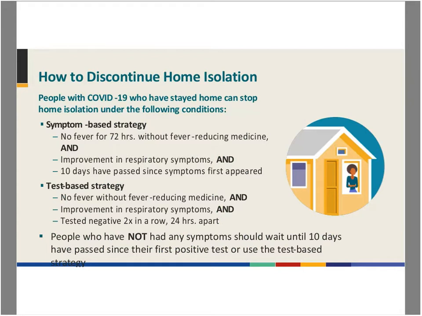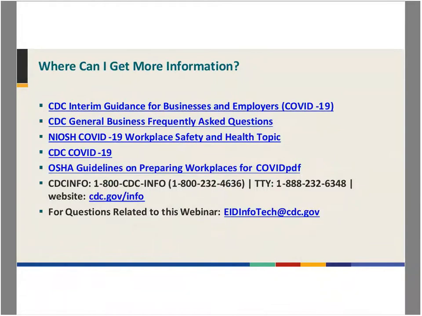In some cases, it might allow confidence in letting somebody return to work before the 10 days. But on the other hand, some people have been shown to have persistent positive tests, so there can be pros and cons to both strategies. And people who have not had any symptoms should wait until 10 days have passed since their first positive test or use the test-based strategy.